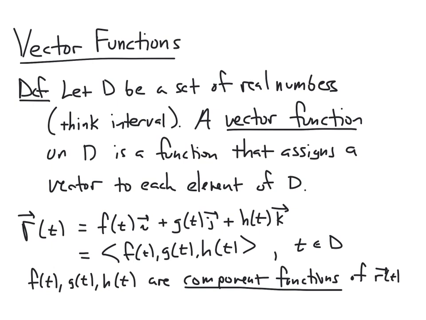And if we think of t as time, as t goes through D from the smallest value to the largest value, we get a point that actually will travel through space, and we can consider that path of that object. And that's how we're really going to want to think of vector functions in the context of calculus.